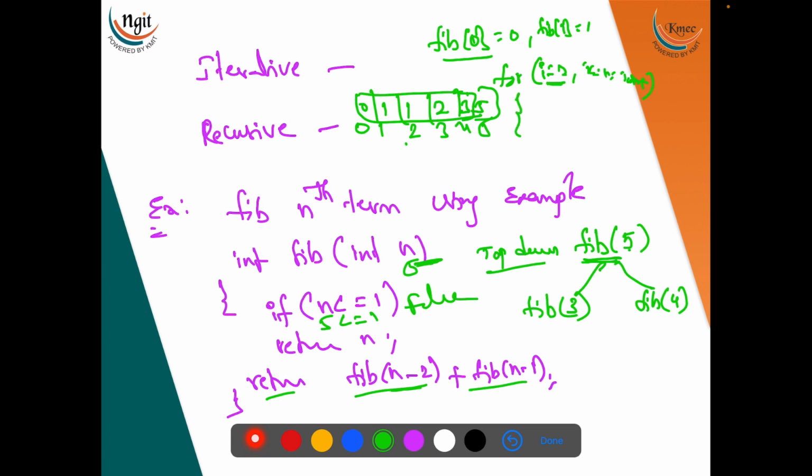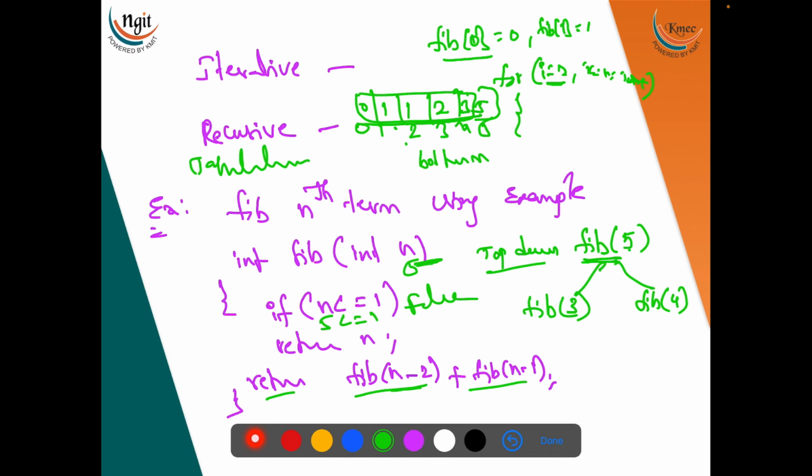That means to find out this 5 value, we go from the bottom up approach, correct? So iterative is the bottom up approach, and iterative is also called the tabulation method. So the tabulation method is what? We will make some table and update the Fibonacci values in it.